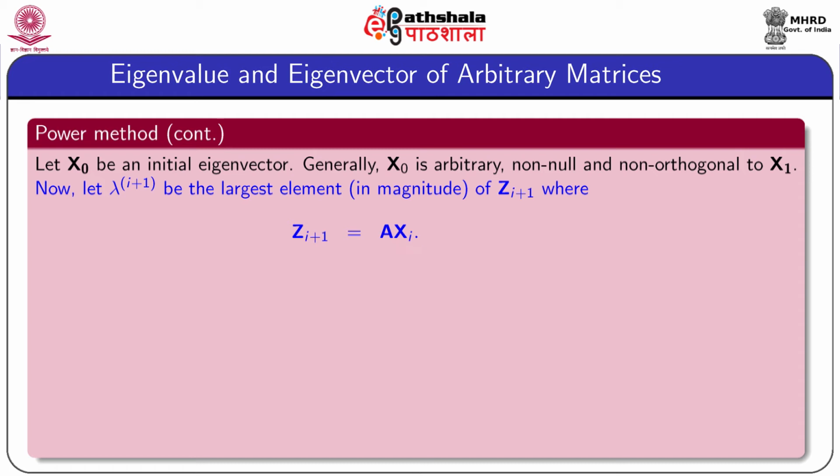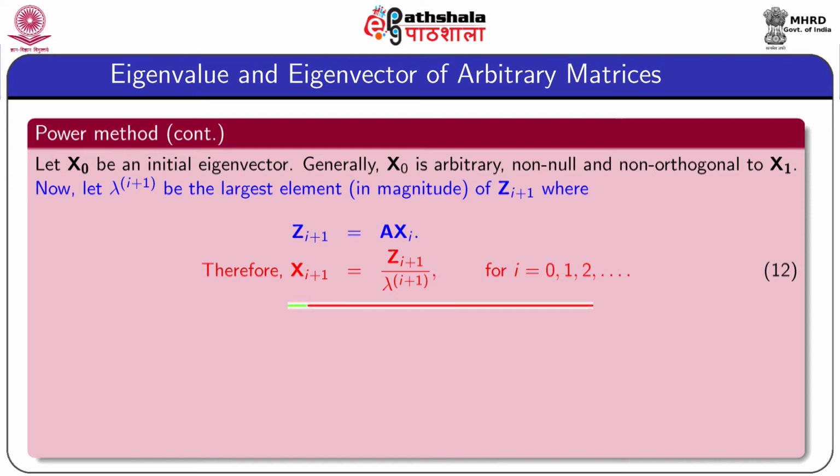A is the given matrix and xi is the vector. Therefore, the next approximate vector xi plus 1 equals z i plus 1 divided by lambda power i plus 1. That means, the intermediate vector z i plus 1 is divided by the largest element of the vector, and this is true for all i equal to 0, 1, 2 and so on.